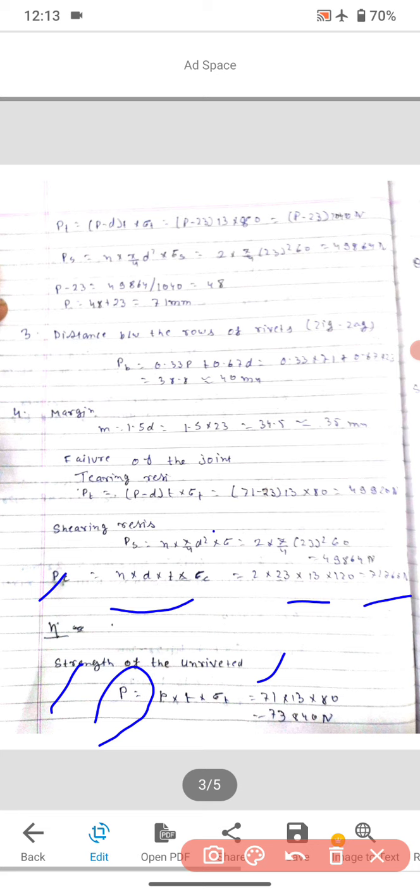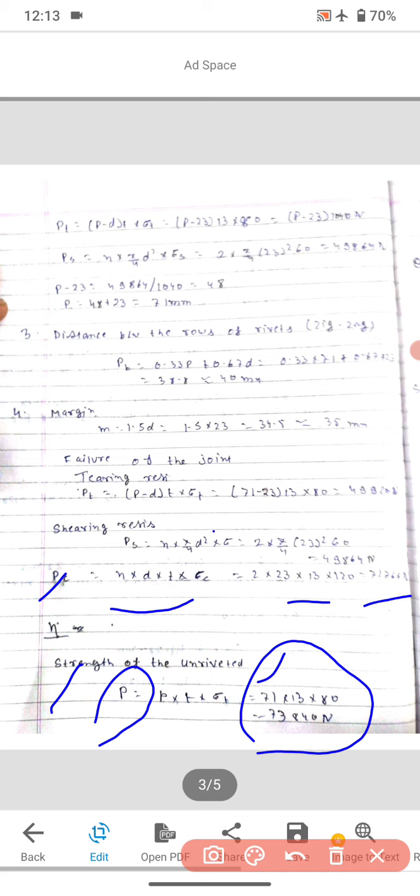So P is equal to 71 multiplied by the thickness 13, already given in the question, multiplied by sigma t, the tensile stress also given, and you may find the value is 73840 Newton, which is the strength of the unriveted plate.